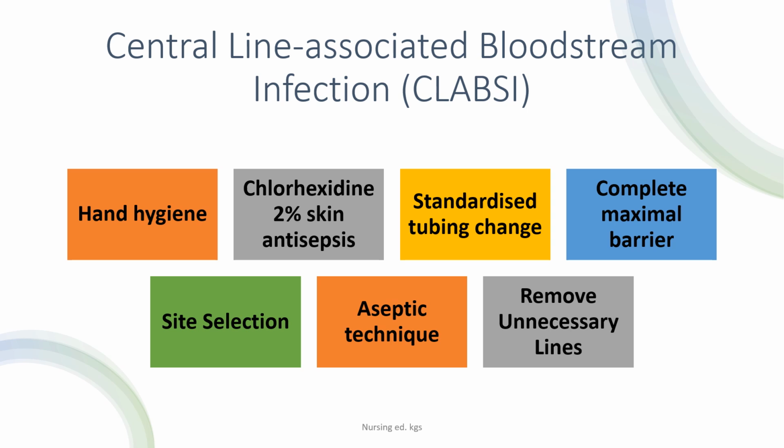So the hospital will have a certain policy when it comes to changing your tubings, and we'll talk about that after this slide. Another way in which we reduce these infections is by ensuring that when they are being inserted, the doctor or physician follows strict aseptic technique.